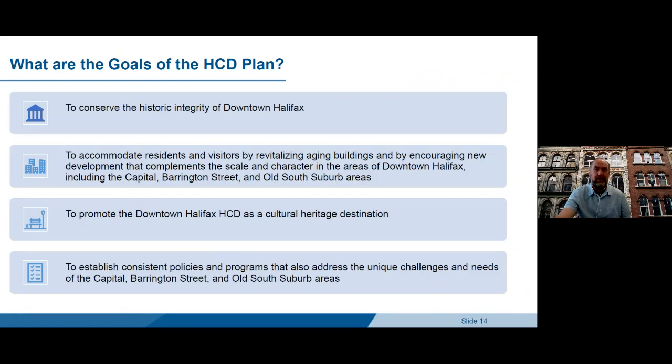So the goals as set out in the background study that we're working with, there are 4 main goals. The first primary goal is to conserve the historic integrity of downtown Halifax. So this means strengthening protection of registered heritage properties, as well as extending protection to unregistered historic buildings.